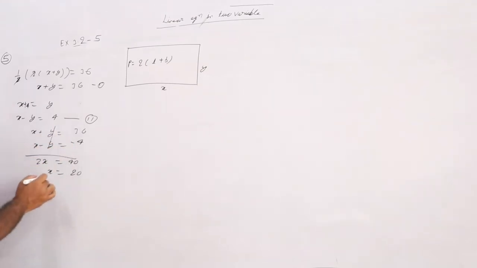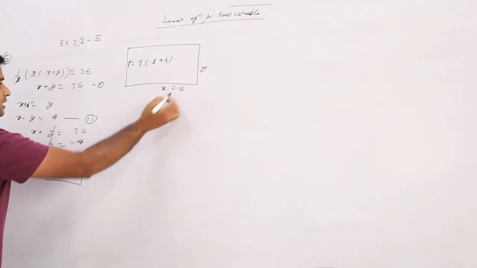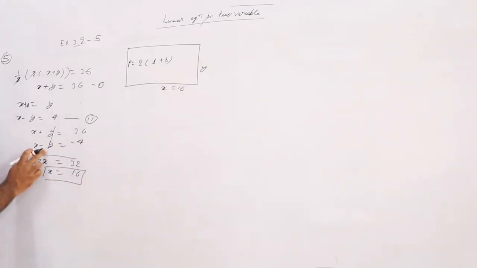This is correct only. Here how much will we get? 32. So x is equal to 16. Means this is length. Length is equal to 16. And see, putting this equation here or here, wherever you want, this is becoming easy, right?